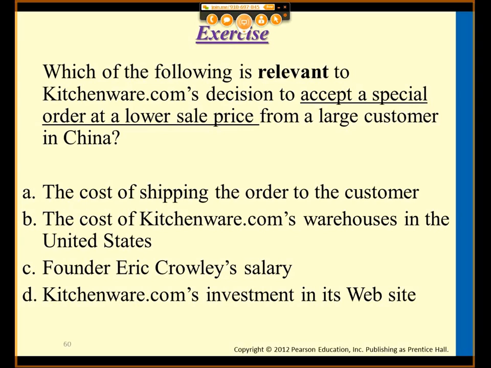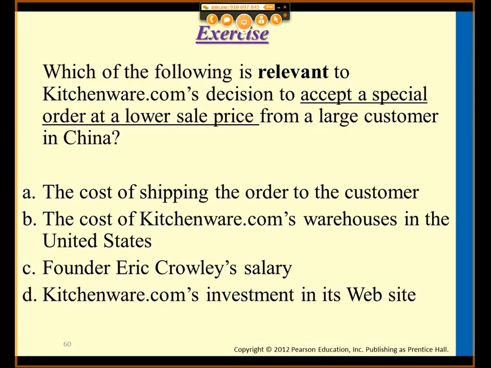Okay, which of the following is relevant to kitchenware decisions to accept a special order at a lower price, sale price from a large customer in China? The cost of shipping the order to the customer, the cost of kitchenware.com's warehouse in the United States, founder Eric Crowley's salary, or kitchenware.com's investment in its website?